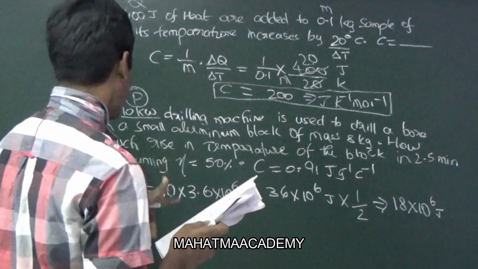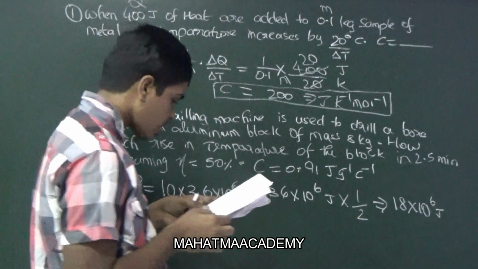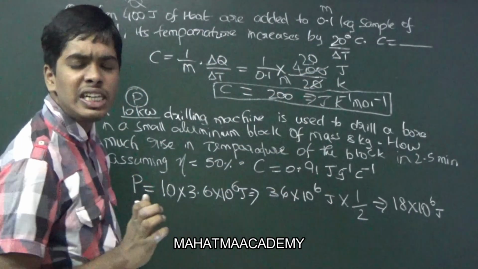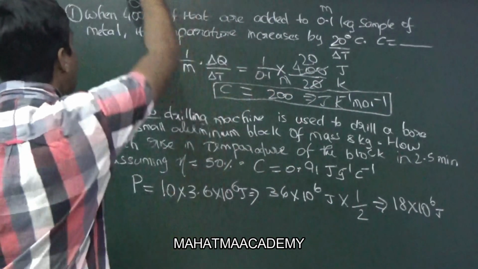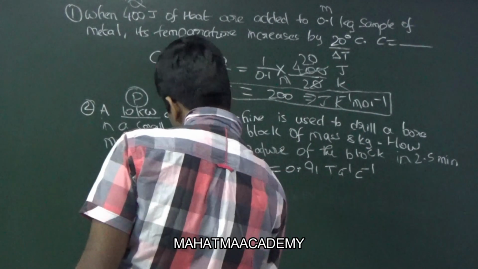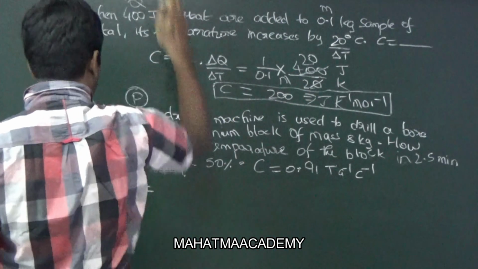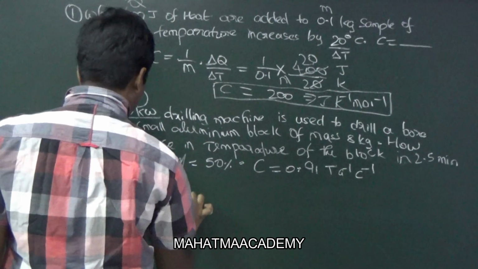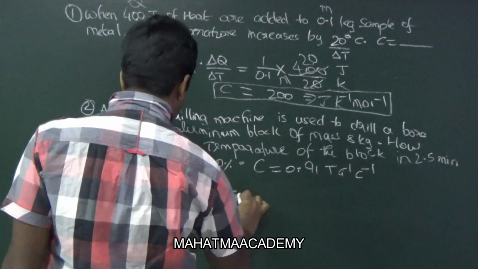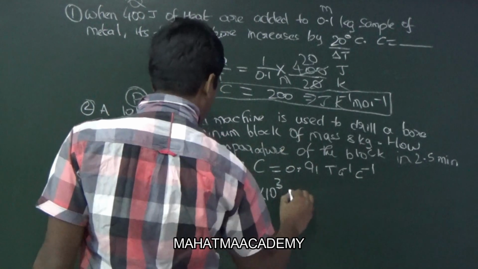It's 10 kilowatt. We have taken it for an hour, but that is of no use. So 10 into 10 cubed into 1 by 2 is 5 into 10 cubed.